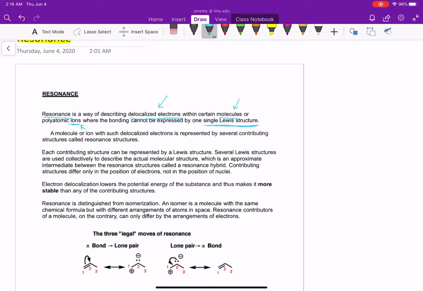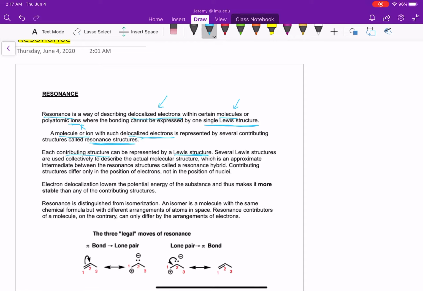So a molecule or an ion that has these delocalized electrons is going to be represented by several or multiple Lewis dot structures, and we call these resonance structures. Each contributing structure will be represented by a Lewis dot structure.